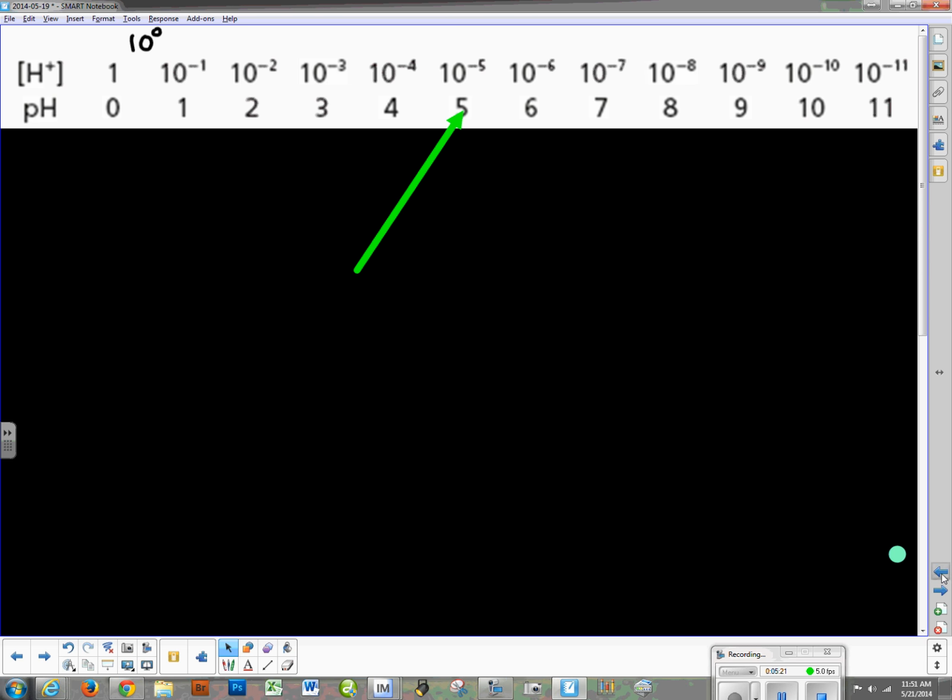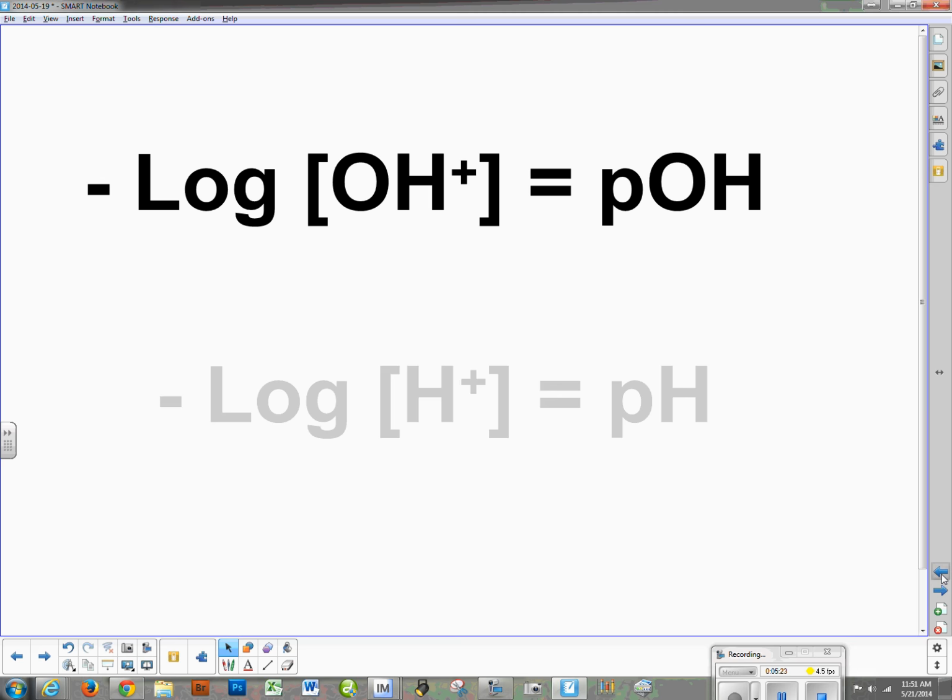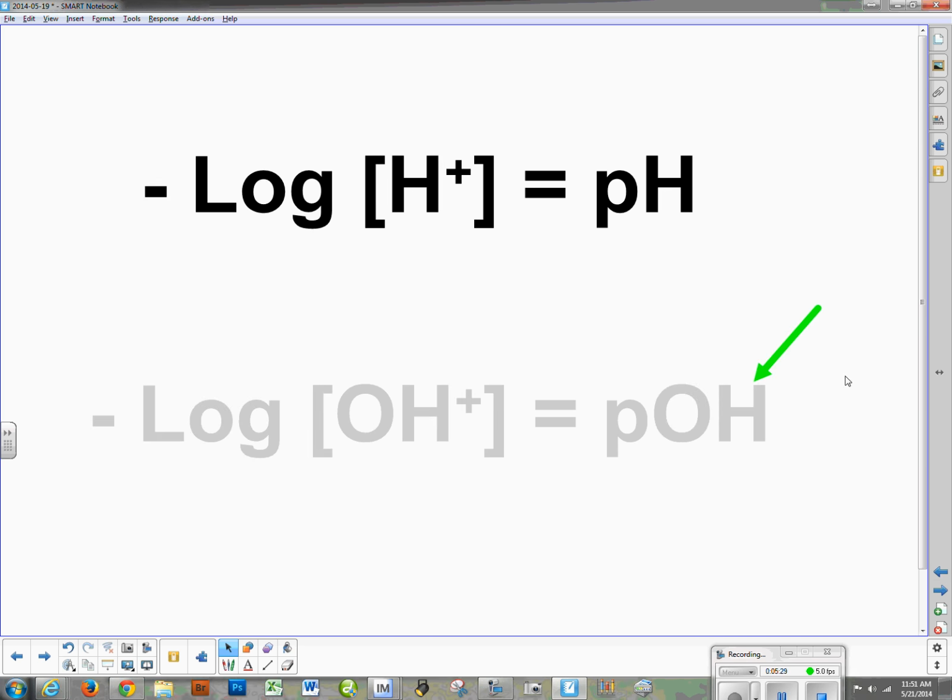And by the way, that is how we take the minus log of the hydrogen ion concentration to get the pH. I've just turned that upside down, and now see the pOH down here? It's the minus log of the hydroxide ion concentration, where the pH is the minus log of the hydrogen ion concentration.